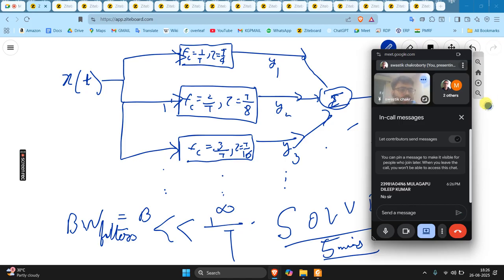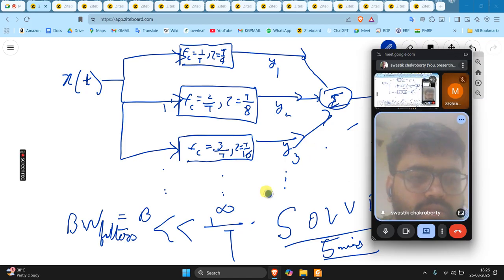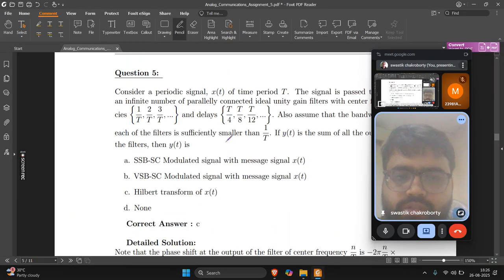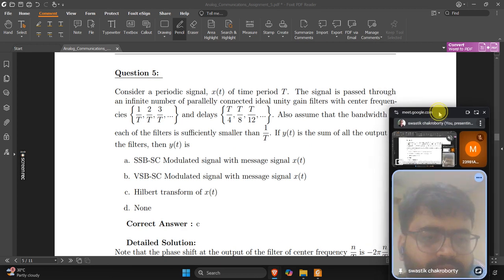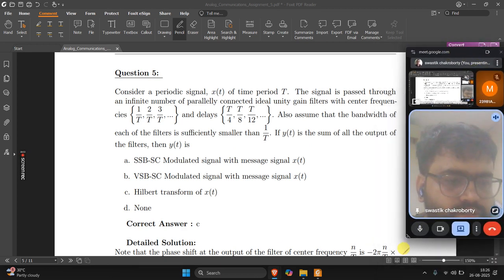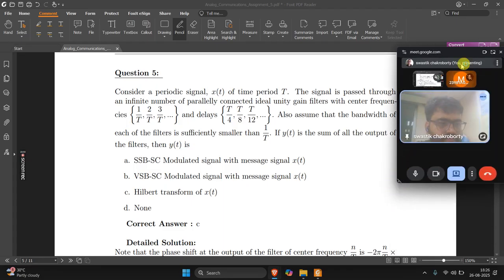Okay, so no solution. Fine. Let's start the solution. Here we have to just find y(t), and then we have to identify which modulation pattern it is.